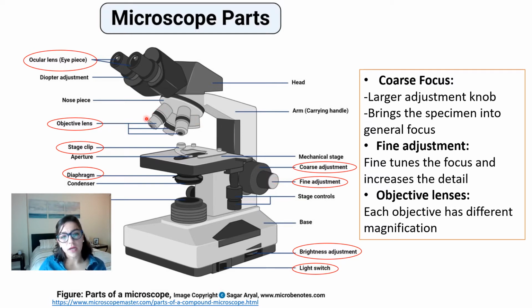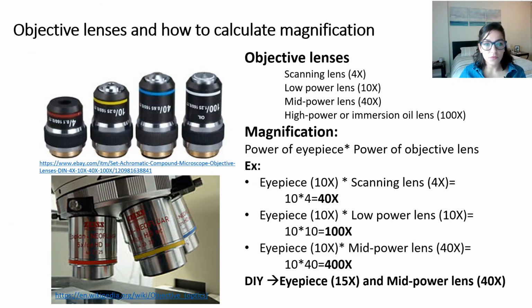And right here we have the objective lenses. These objective lenses have different magnification and they usually go from 4x up to 100x. The 4x is the scanning lens, and this one is the first one we should use whenever we're trying to get focus of the image.